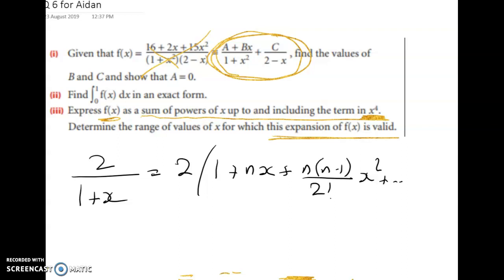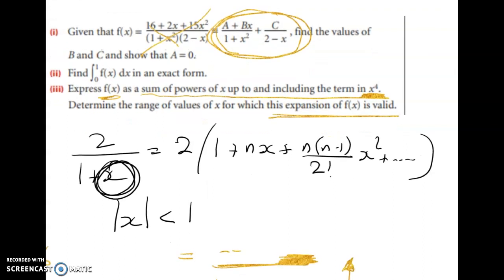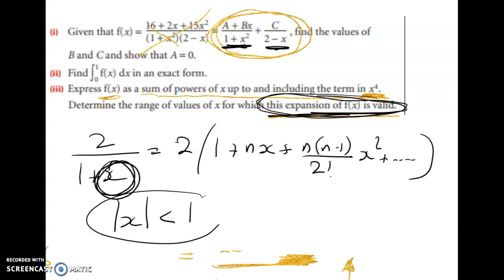This thing here, this is valid when this is between -1 and 1. So all we have to work out here is the equivalent condition for these two things here. And we have to take the tighter of those two constraints to get the validity overall. So just keep that in mind. I'm going to do that at the end and work through the expansions first. But this part of the question is never that hard, as long as you remember this.